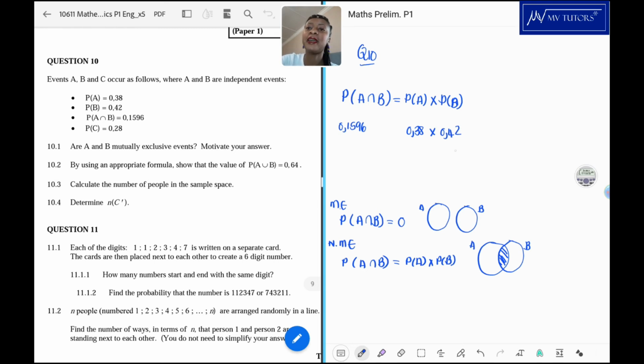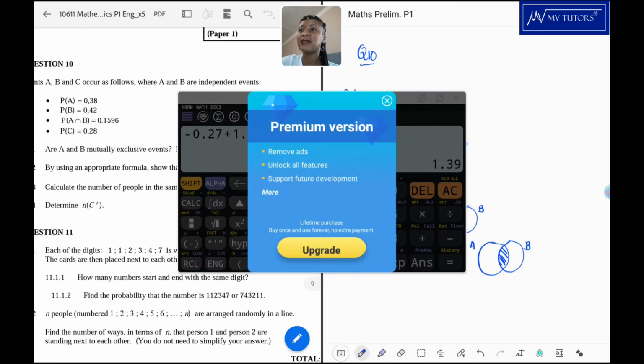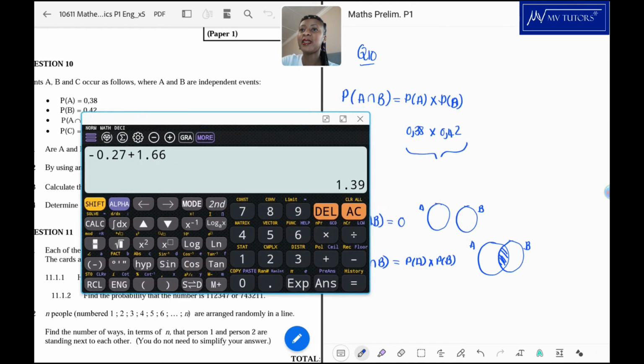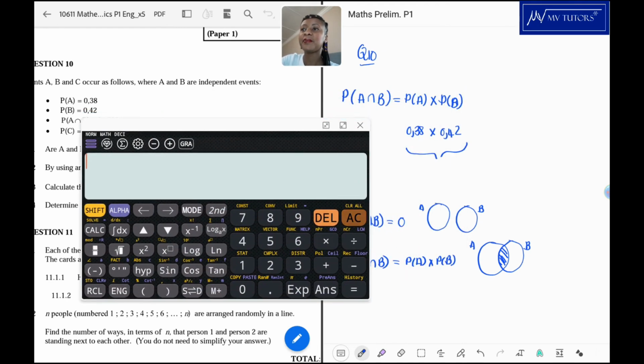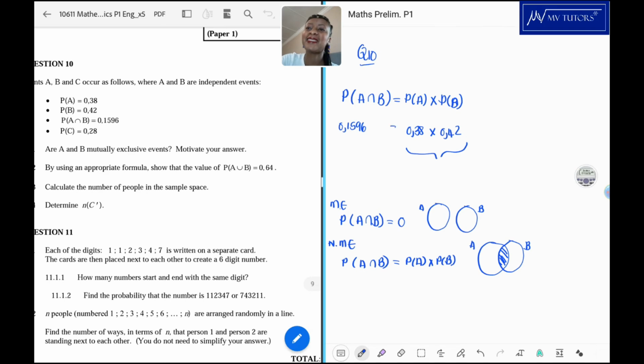Now I need to check, if I multiply these two, what will I get? Okay, so I have 0,38 multiplied by 0,42. And there we have it, 0,1596. So yes, they are equal.